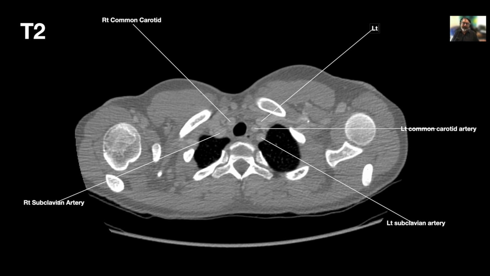No, but it could be. That's a good question, because the left brachiocephalic vein forms from these two veins. If it's sitting next to the common carotid, it's probably the left internal jugular. It could be the internal jugular, or the left subclavian vein. I don't know what I'm doing here.